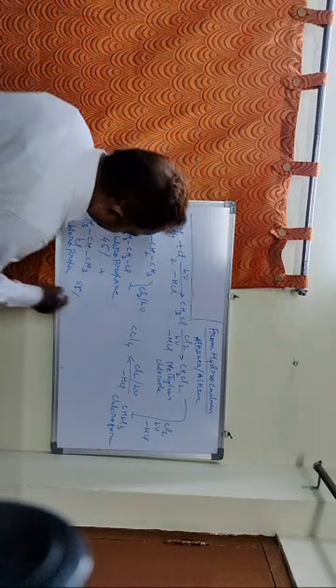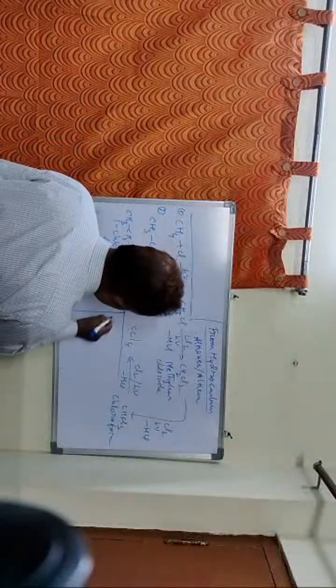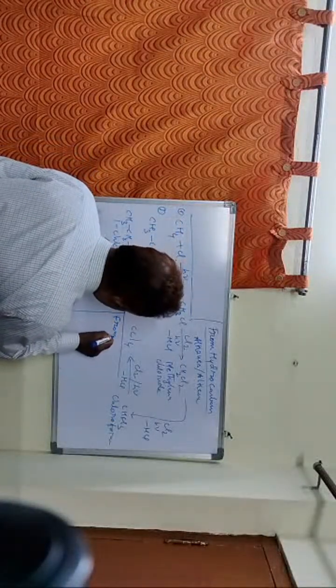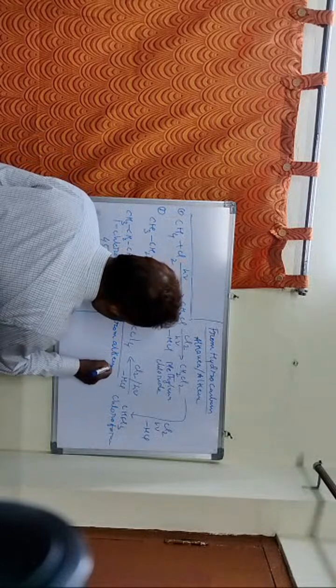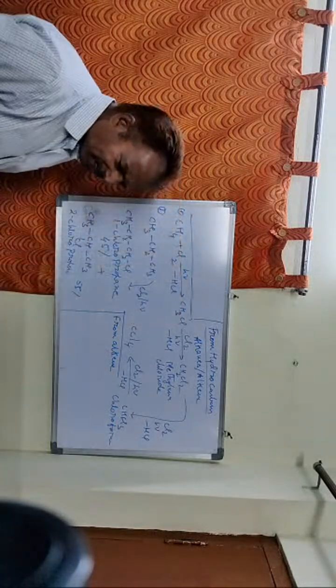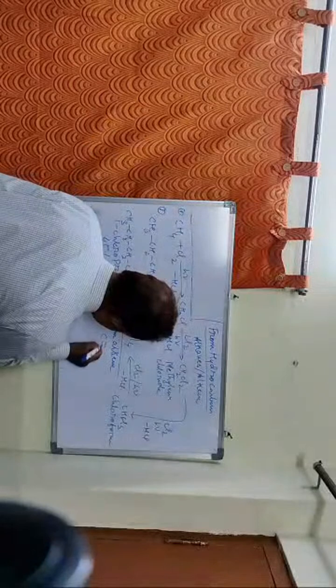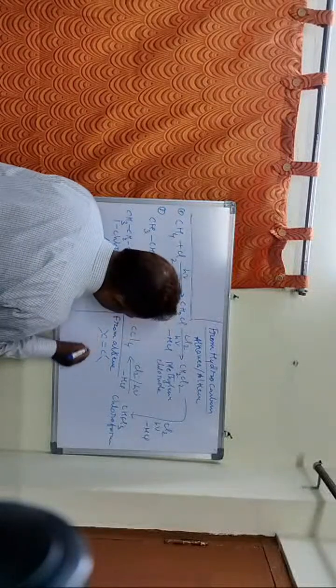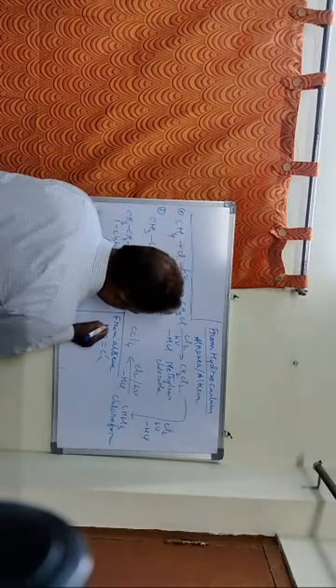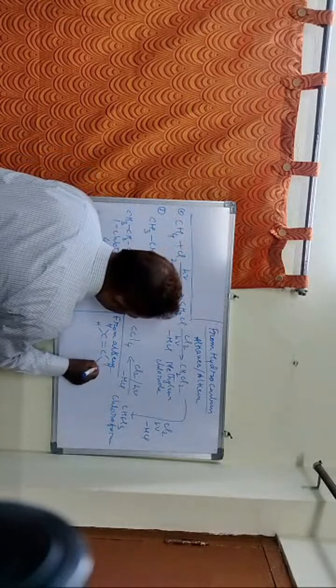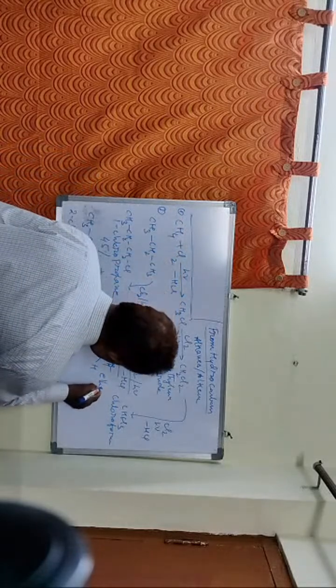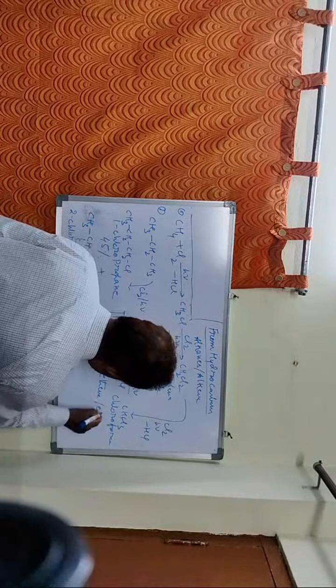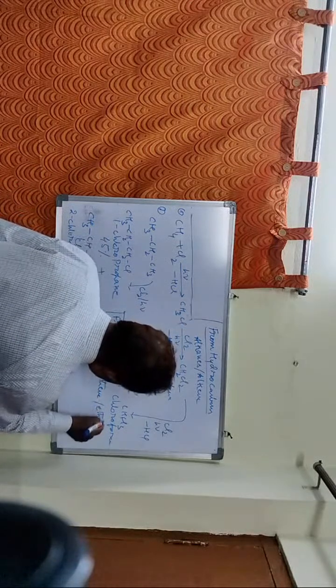Now, here, from alkenes. What is alkene? Alkene means the hydrocarbon has a double bond. This is alkene, right? So if you keep hydrogens here, what is this substance? Ethene or ethylene.